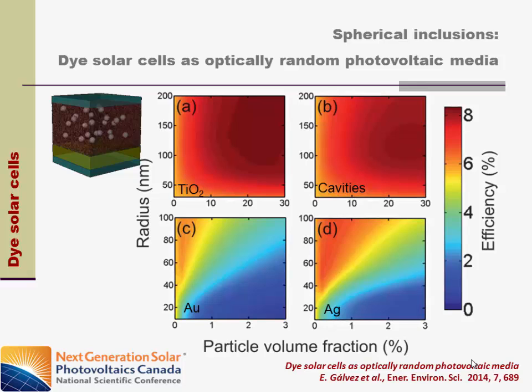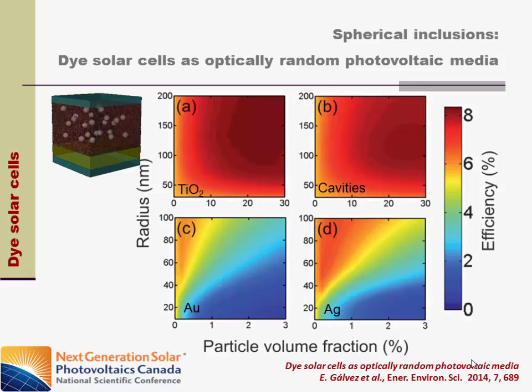If you want to improve your efficiency using metal particles, first, the improvement is lower. And second, look at the x-axis here: your concentrations are much smaller. If you go a little bit above these values, the efficiency of your system will start decreasing. The reason is that metal particles are competing with the dye in terms of light absorption. Once you introduce a metal particle, it's true you have a near-field enhancement effect and also spectral scattering.